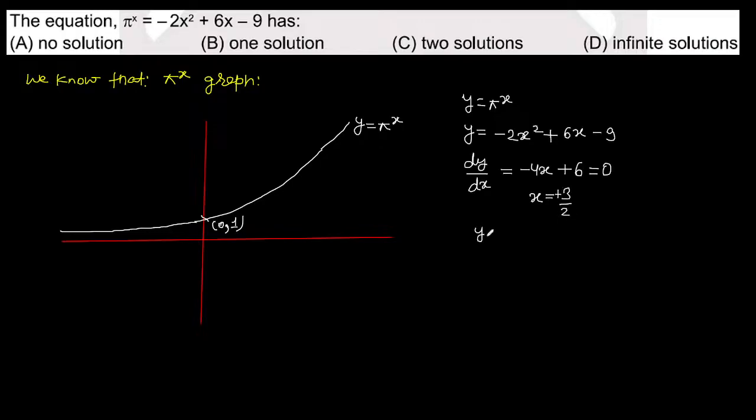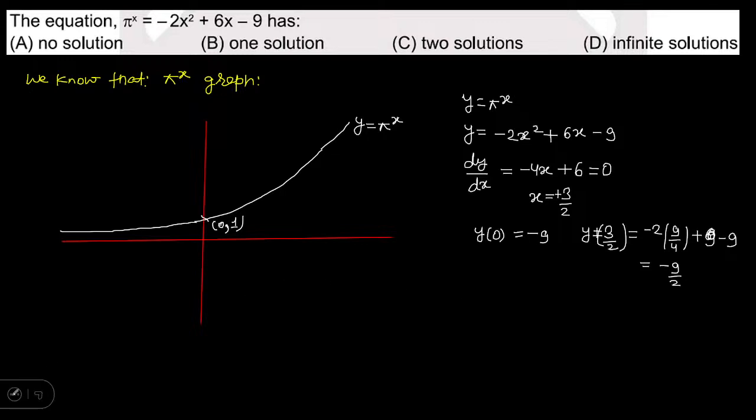If you put x as 0, the value is minus 9. If you put x as 3 by 2, it is equal to minus 2 times 9 by 4 plus 9 minus 9, which is minus 9 by 2.